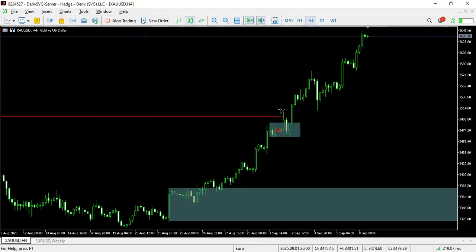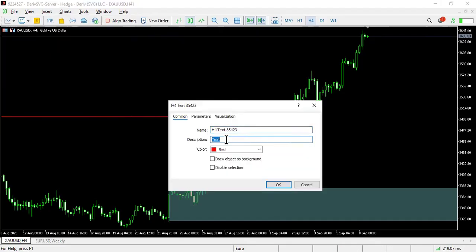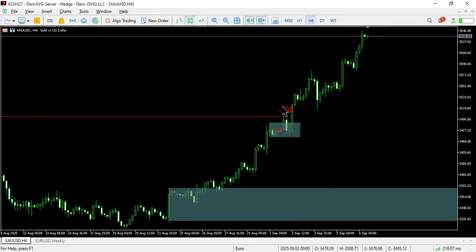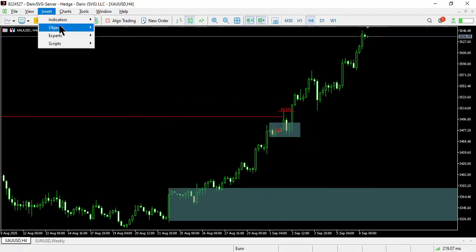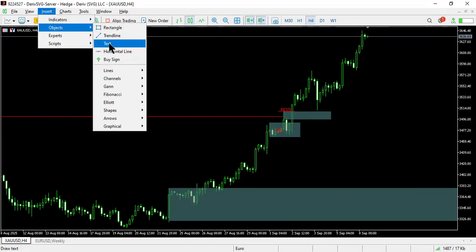And then we had another break of structure there. We had a break of structure, and then that is the order block. However, price did not react from that order block.